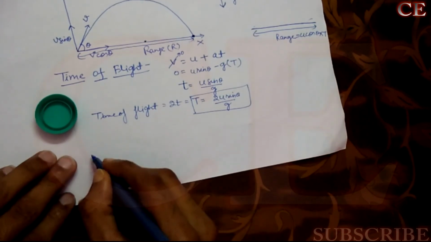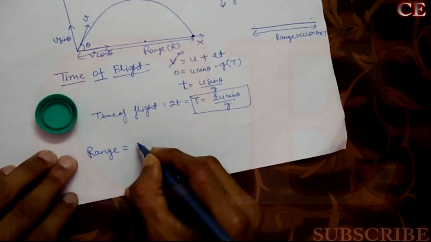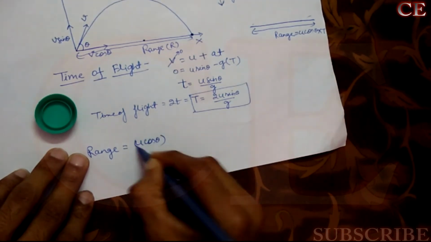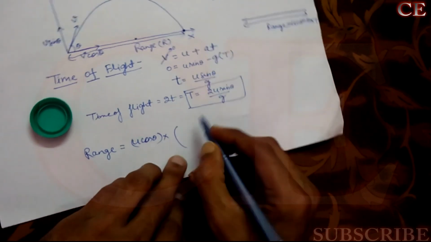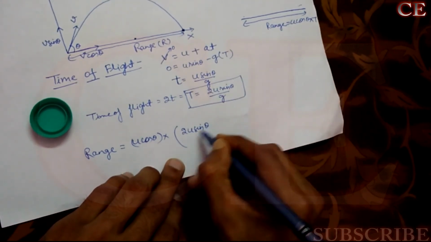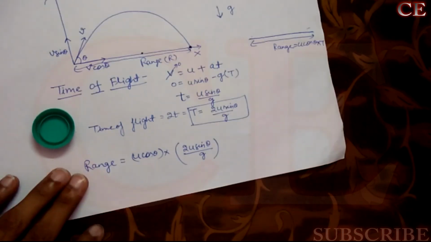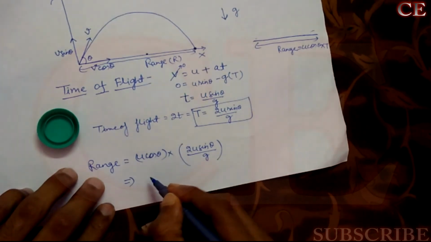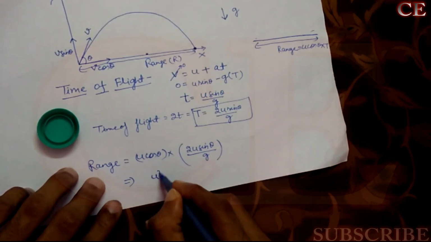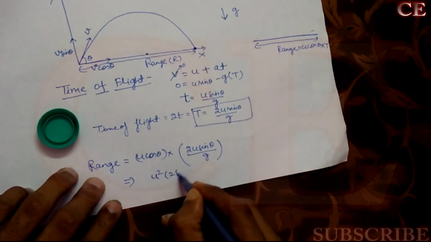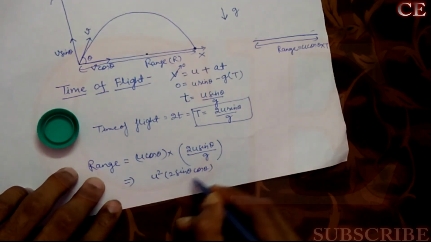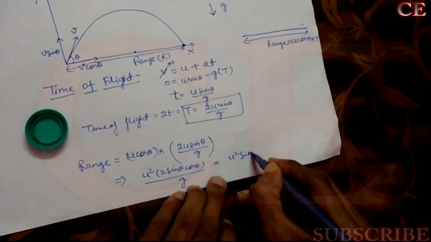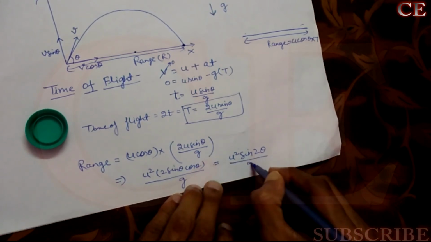So range is equal to u cos theta into 2u sin theta by g. By rearranging this, we get u square into 2 sin theta cos theta divided by g, which is equal to u square sin 2 theta divided by g.